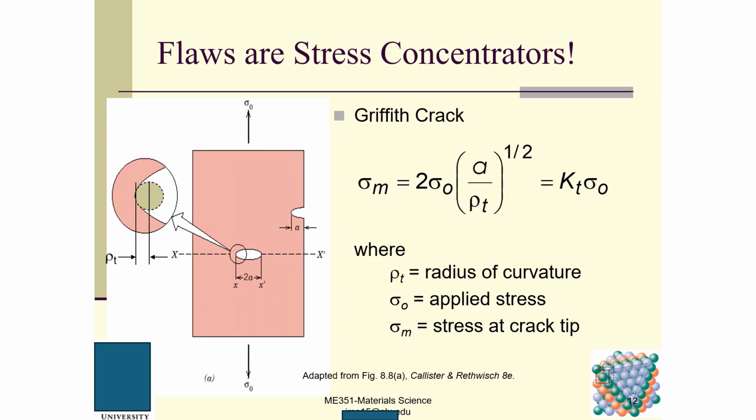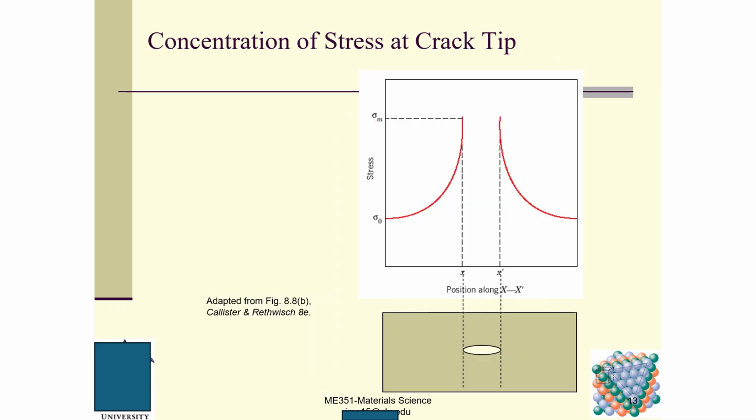You can see very clearly that sigma m is much higher than sigma 0 because the radius of curvature is usually very small. So this is the center crack, and at the two center crack tips, we have such a high stress level, which is much larger than the nominal stress sigma 0.